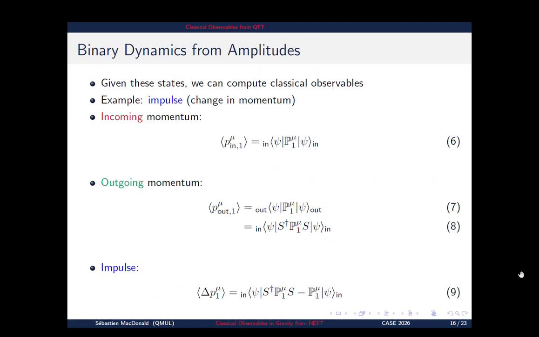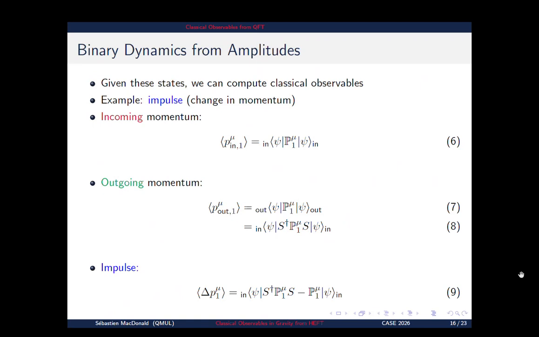So take the expectation value, really. Sandwich it between some in states, and that's the incoming momentum. Outgoing momentum is the same thing, but with outgoing states. Outgoing states are just related to the ingoing states. The impulse would be the difference between the two.